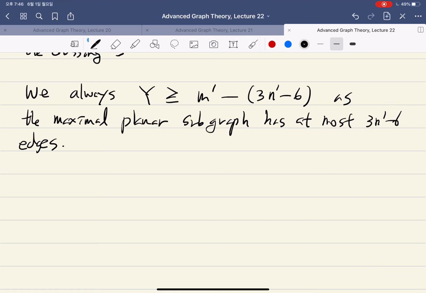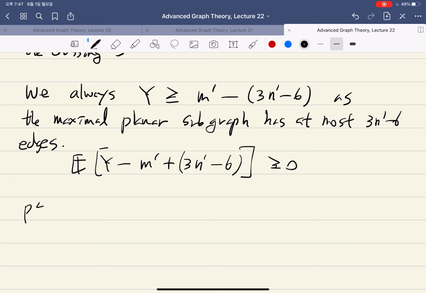Then, by the linearity of expectation, this is always non-negative, so if we take the expectation, it is again non-negative.